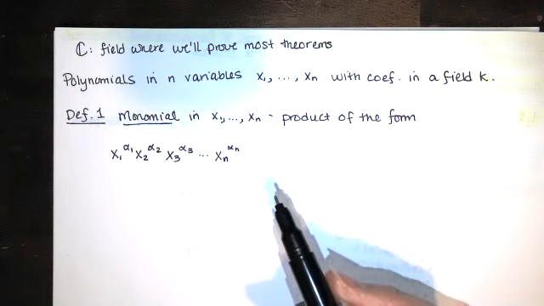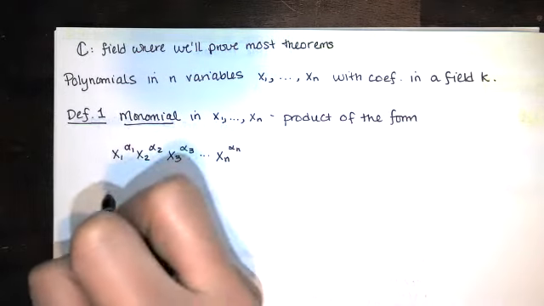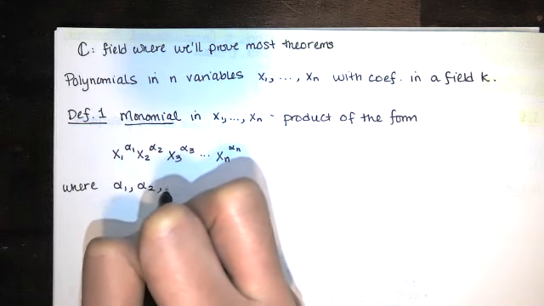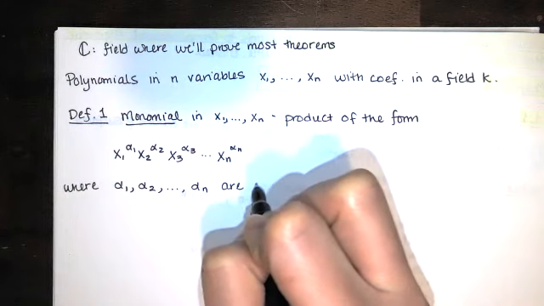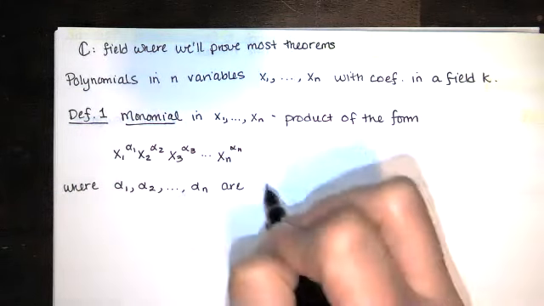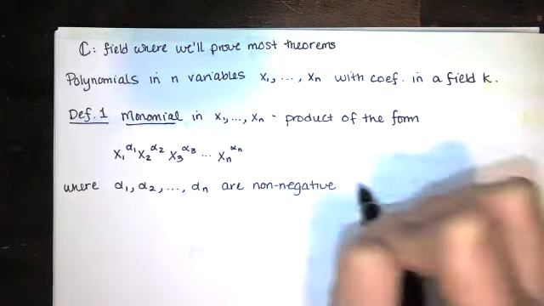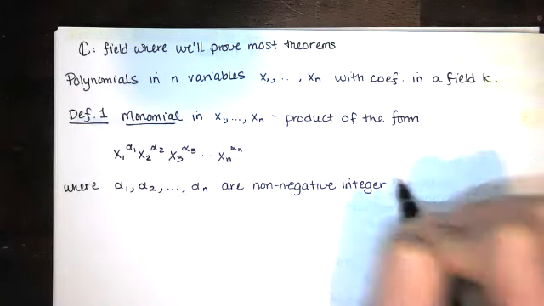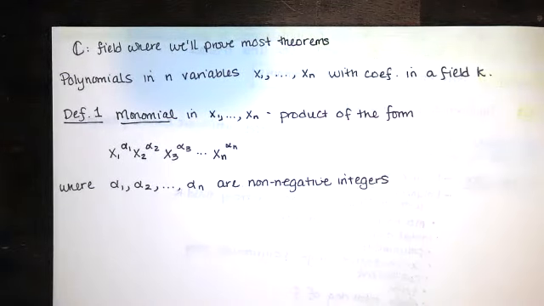Now each of those powers is a non-negative integer. So alpha sub 1, alpha sub 2, all the way through alpha sub n are natural numbers or possibly 0. So we'll just say non-negative integers, the whole numbers if you prefer: 0, 1, 2, 3, 4, 5, the counting numbers. And that is the definition of a monomial.